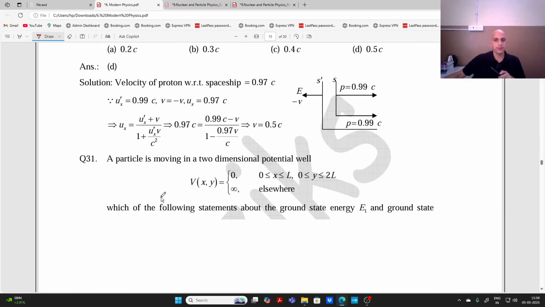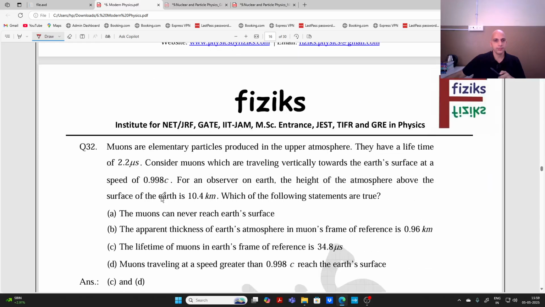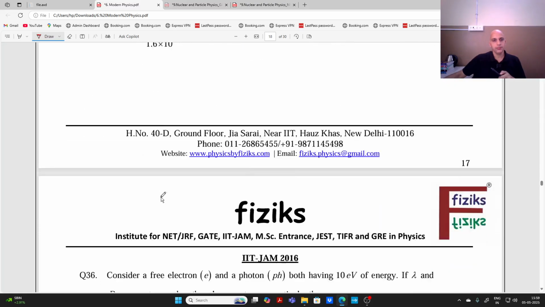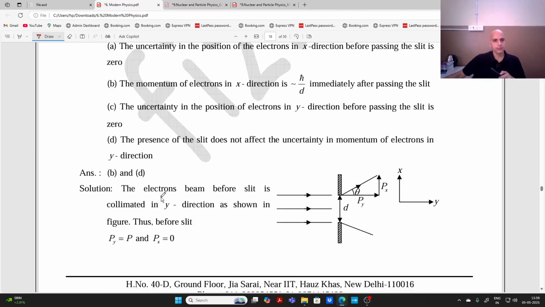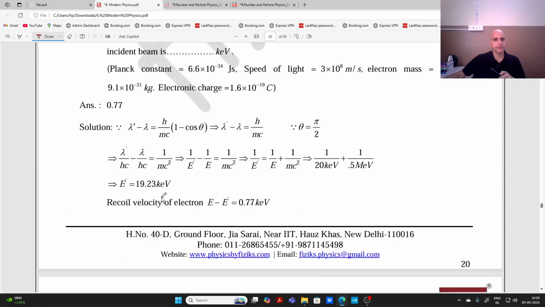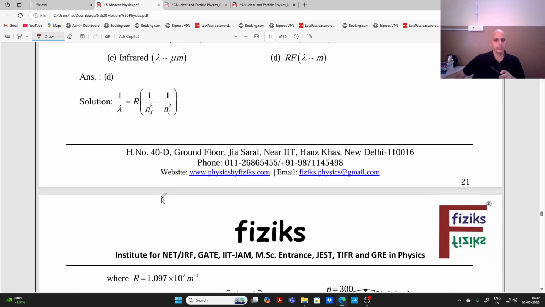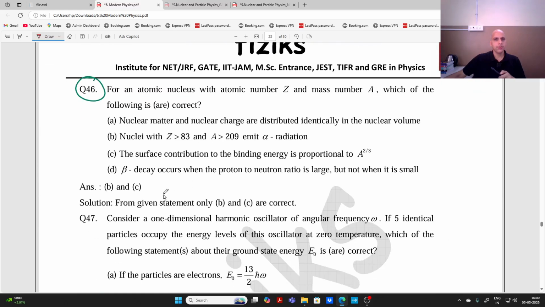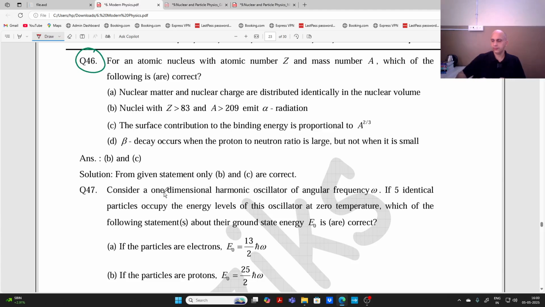Next question is, for an atomic nucleus with atomic number Z and mass number A, which of the following is correct?